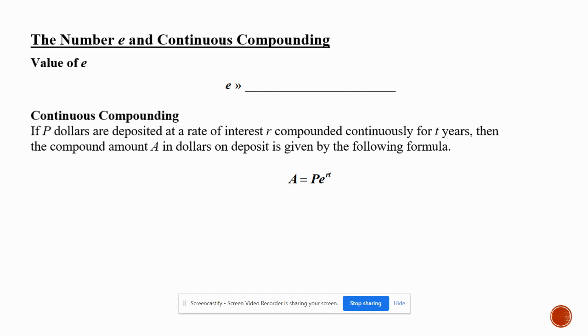In your calculator, over on the far left side, third button from the bottom, the graphing calculator is the LN button. Above that LN button is e to the x.